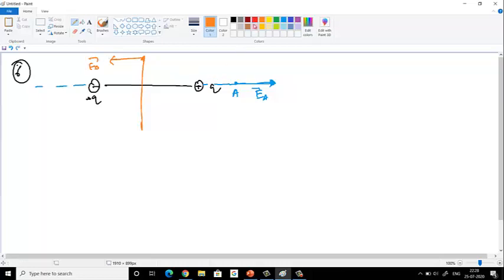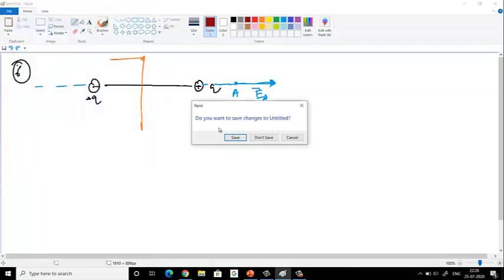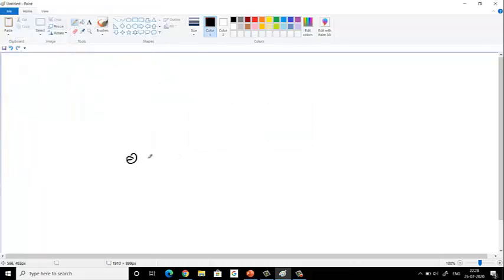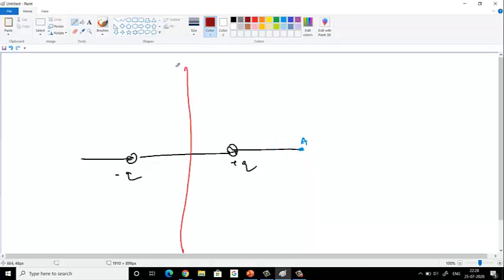The point is that from the center they are both at the same distance. Let me redraw the entire figure. Minus q, plus q, there is this axis here, and there is a point on the axis, somewhere here, and then we have a perpendicular bisector, and there is a point here on the perpendicular bisector.